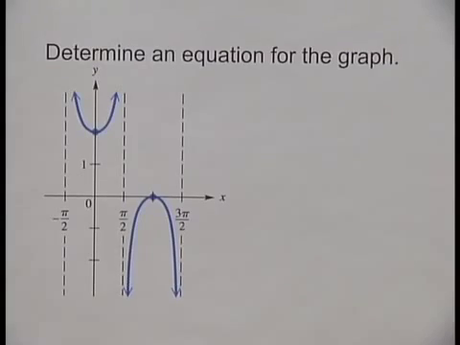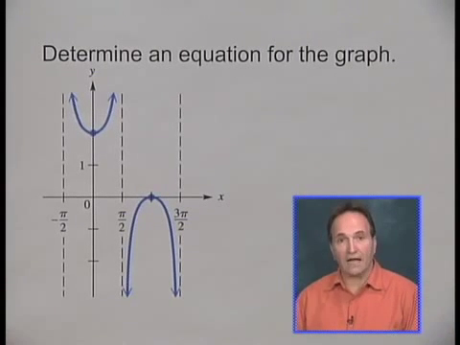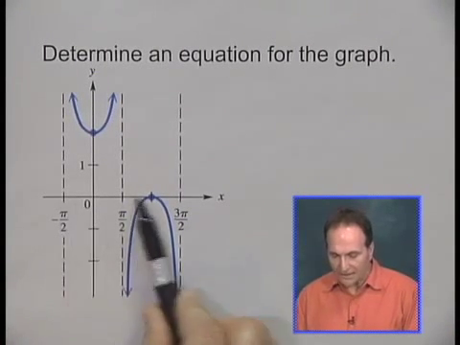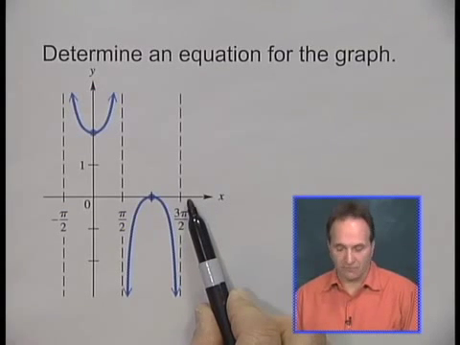Let's look at another example in which we find the equation for a graph. Determine an equation for the graph. When we look at this graph, because of where the asymptotes are, we think of this as probably the secant graph.